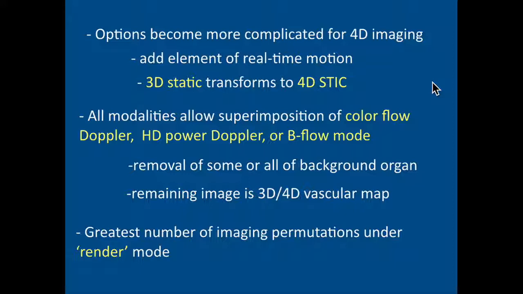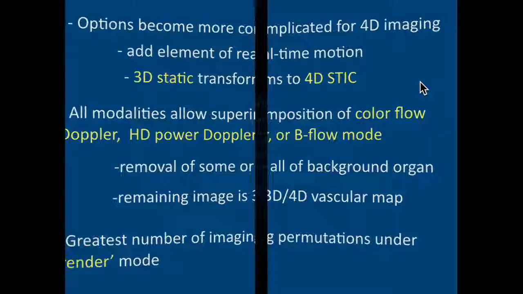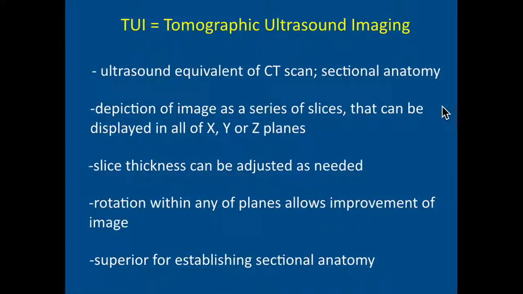All of these modalities allow you to superimpose color flow Doppler, HD flow Doppler, B-flow mode, etc. And then within the render paradigms, you can remove the grayscale, remove the color, remove everything but the remaining vascular map. So these all fall under render permutations, which are probably what people are most familiar with when they talk about 3D, 4D imaging.